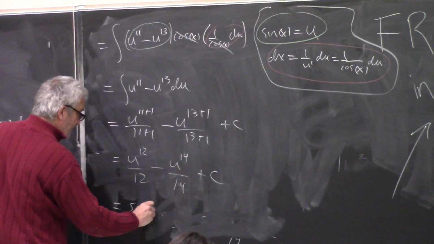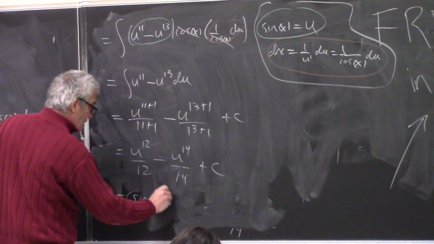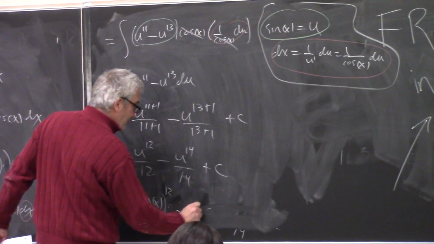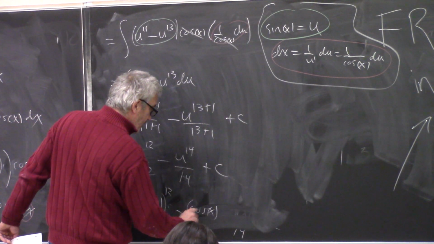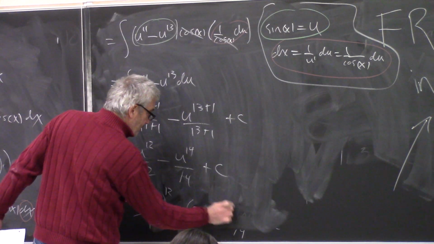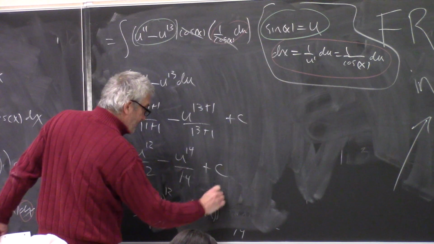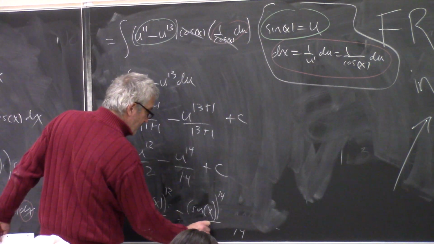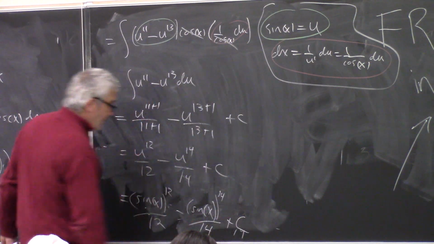That's sine x to the 12th over 12 minus cosine x to the 14th over 14 plus C.